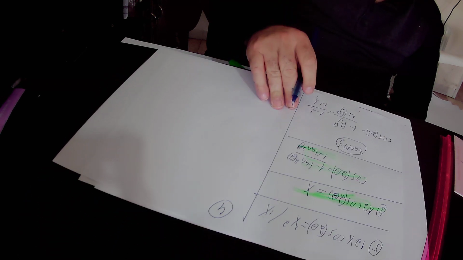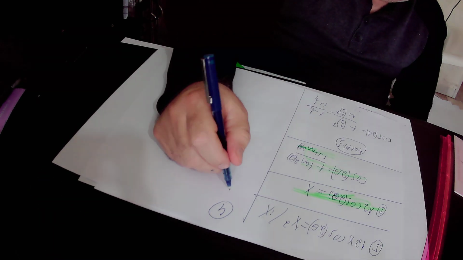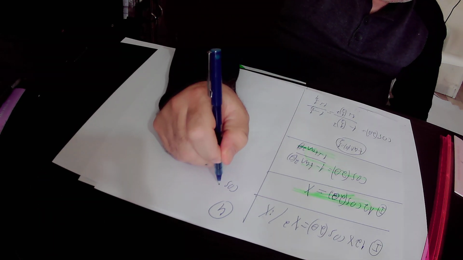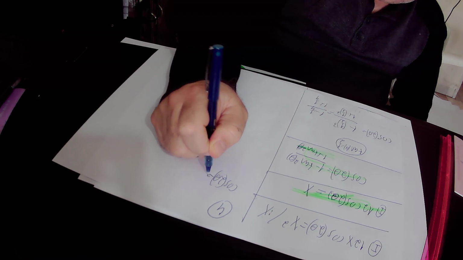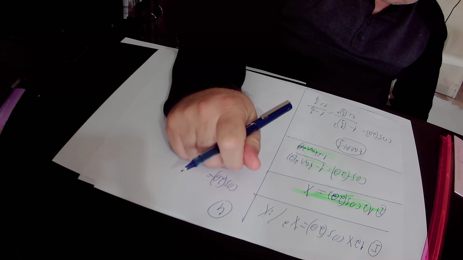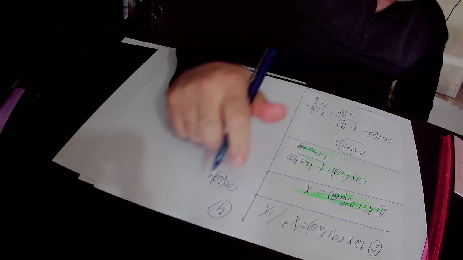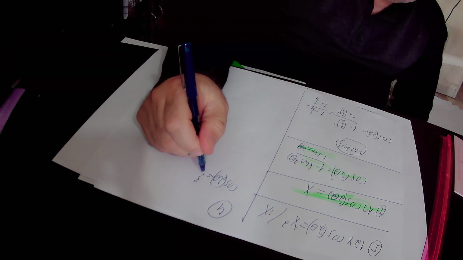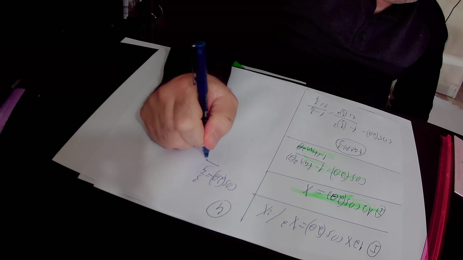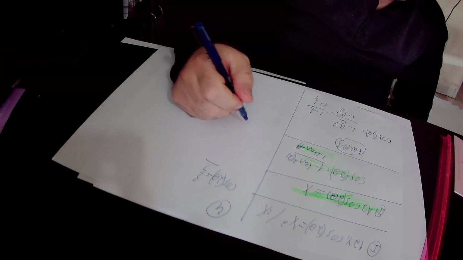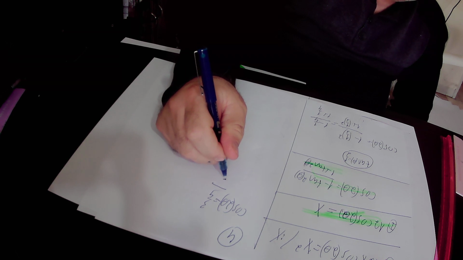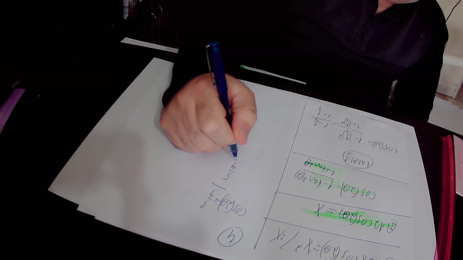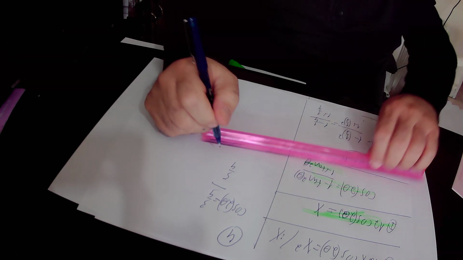So here cosine 2 theta equals 1 minus 1/4, which is 3/4, over 1 plus 1/4, which is 5/4.